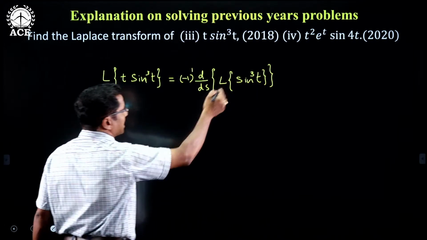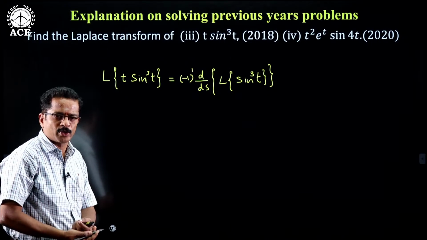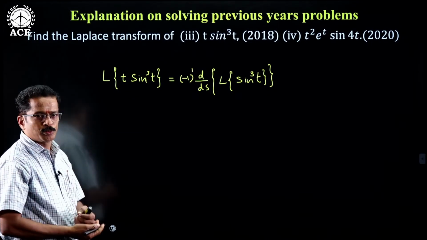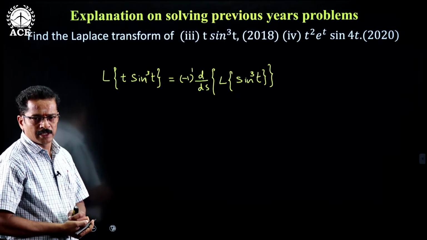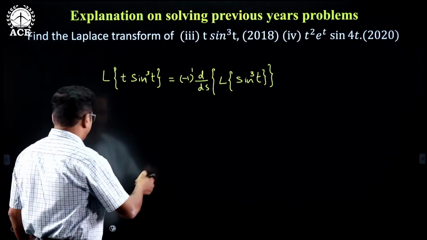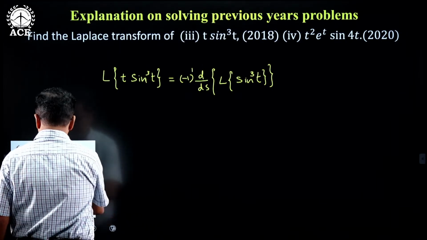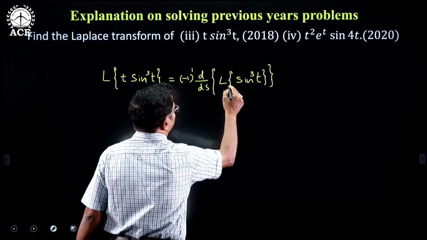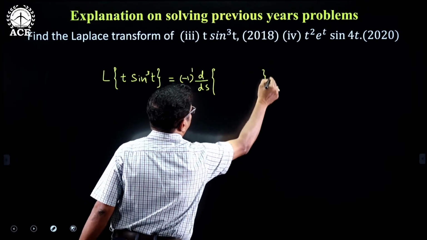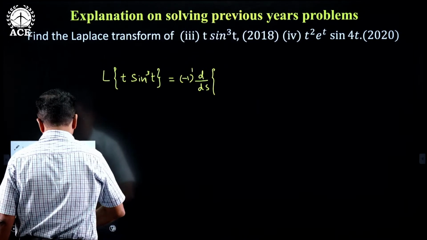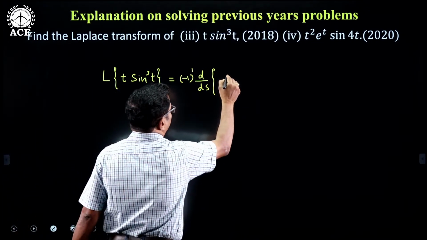L of sin cube t is nothing but f bar of s. So here sin cube t I am taking as f of t.